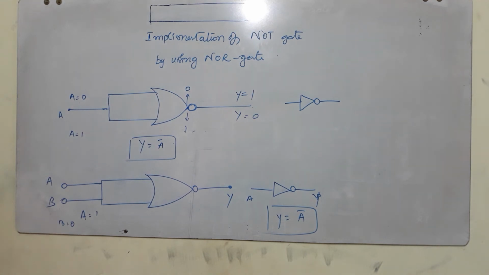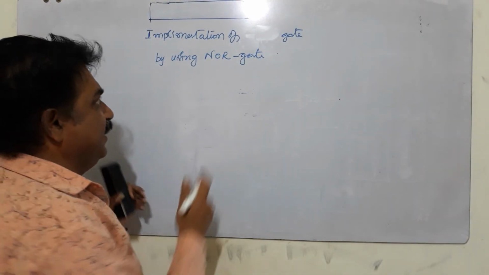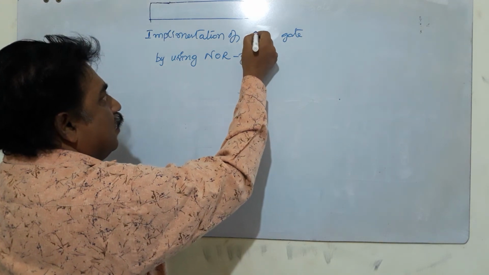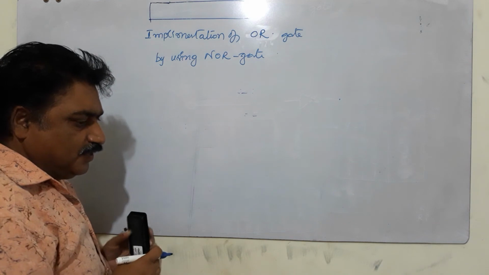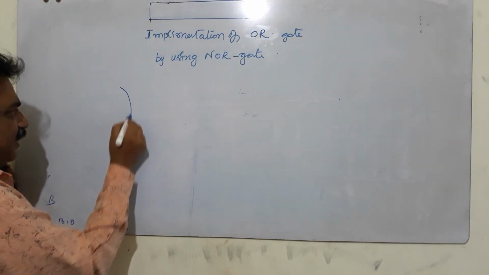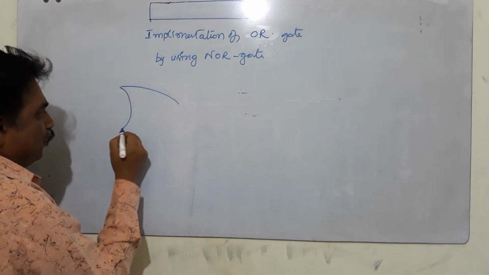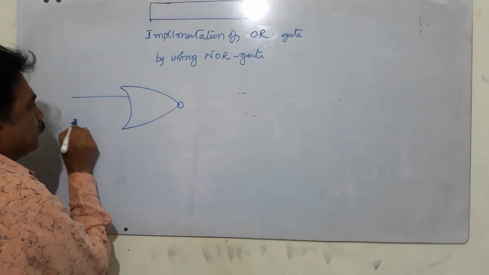In the same manner, we can implement OR gate by using NOR gates. Implementing OR gate by using NOR gates. See here, I am taking two input NOR gate.